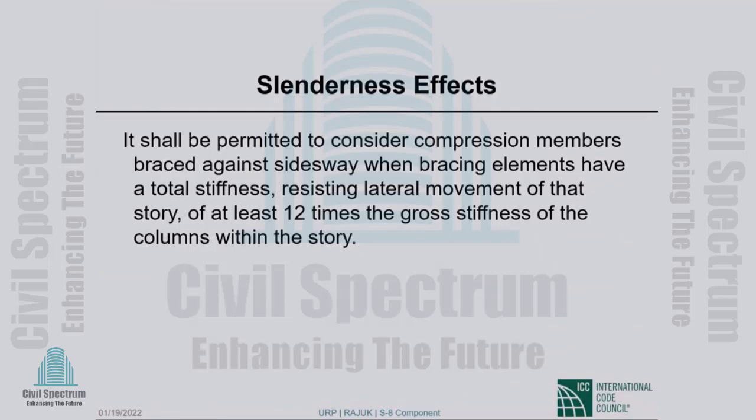It shall be permitted to consider compression members braced against side sway when bracing elements, typically shear walls in concrete buildings, have a total stiffness resisting lateral movement of that story of at least 12 times the gross stiffness of the columns within the story. Okay.